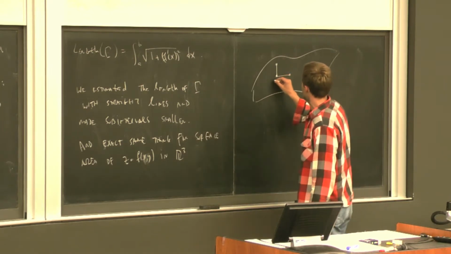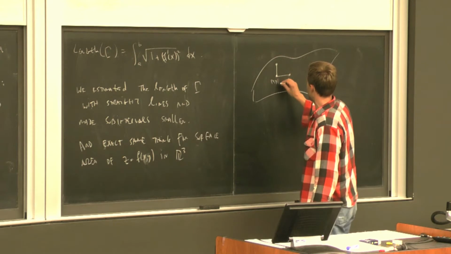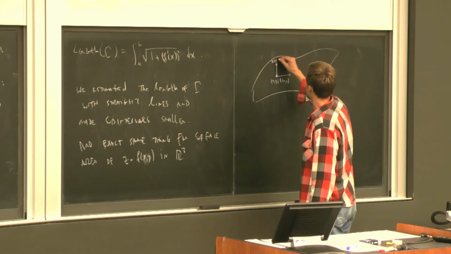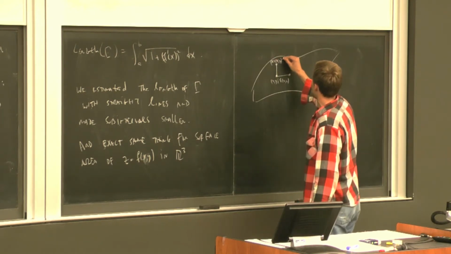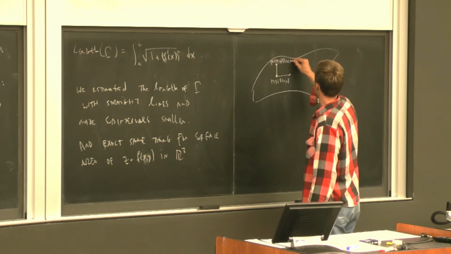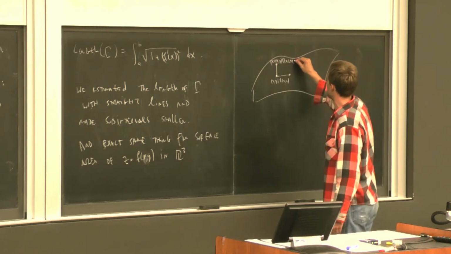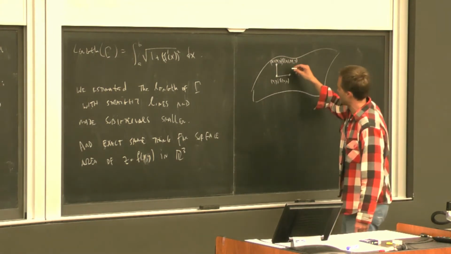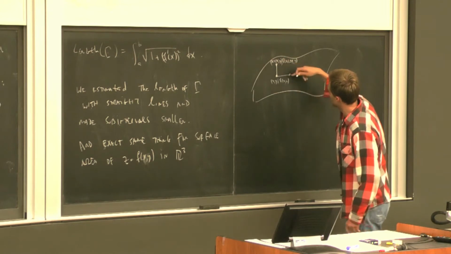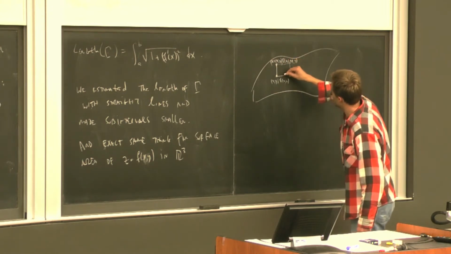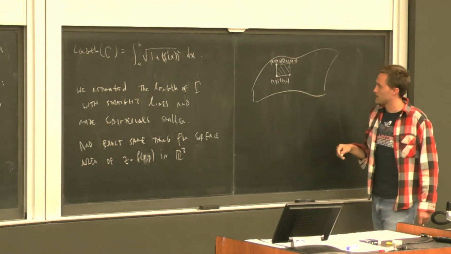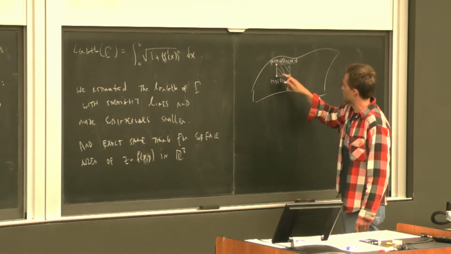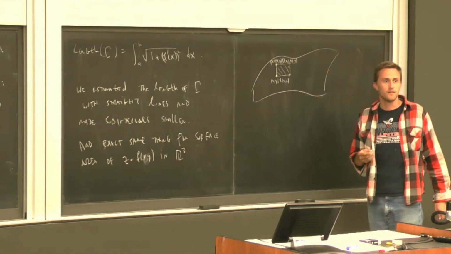So this is x, y, f of x, y, and then this is x plus delta x, comma y, f of x plus delta x, comma y. And then this is the other corresponding point, right? And so then you took these two vectors and you took the parallelogram that they span, which may or may not sit above or below, or neither, relative to the surface, and then we shrank those down, right?